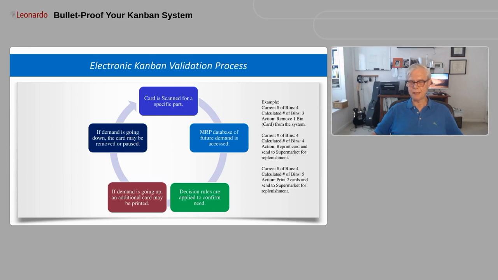But it does require you to have that information available on future demand, and that's typically available in an MRP system. All right. Patrick is asking, what format are the additional software for scanning and monitoring modified Kanban capability in an ERP custom program? I don't know. That would be beyond my pay grade.